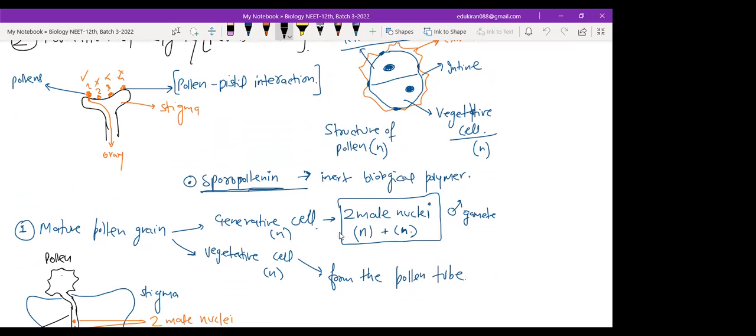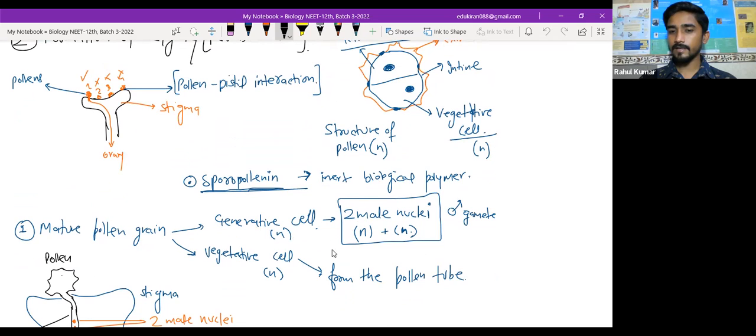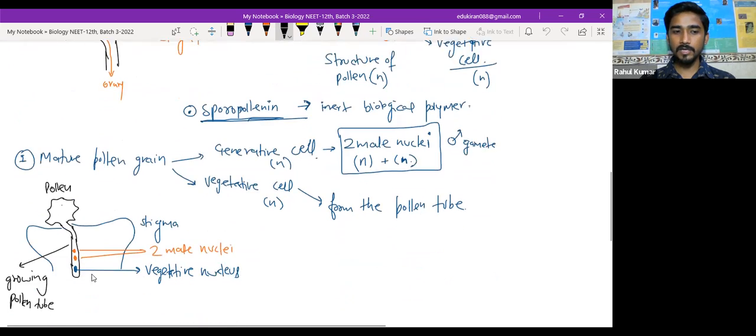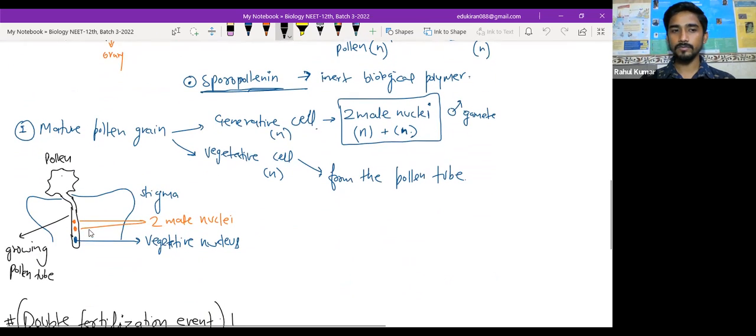Yes, sir. Pollen grain is clear to you. It has two cells, and ultimately in a pollen tube, it has three nuclei moving. This is clear to you. Okay, right? Now write down a few things.